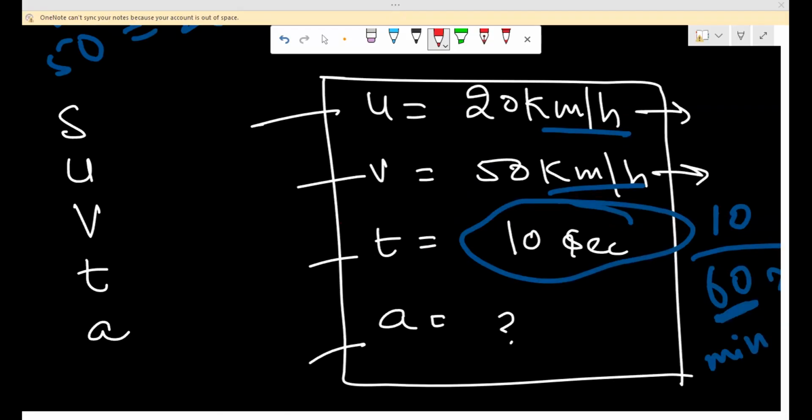1 hour is equal to 60 minutes. 60 minutes is equal to 60 into 60 seconds, which is 3600 seconds. Now, 1 minute is equal to 60 seconds, right?